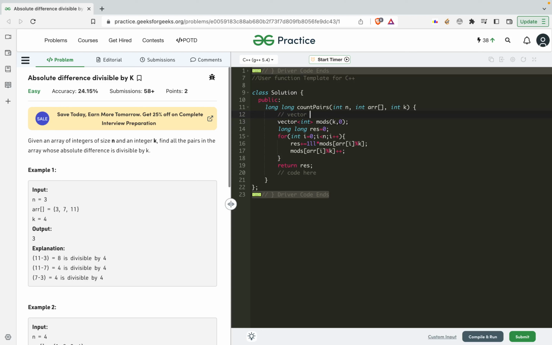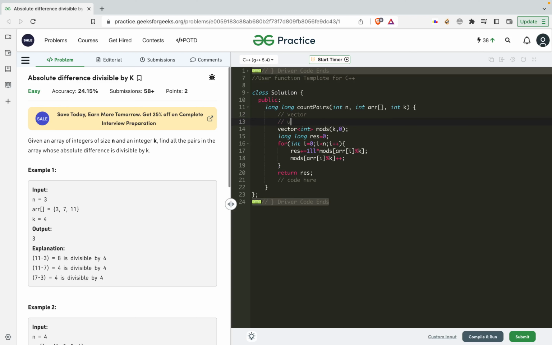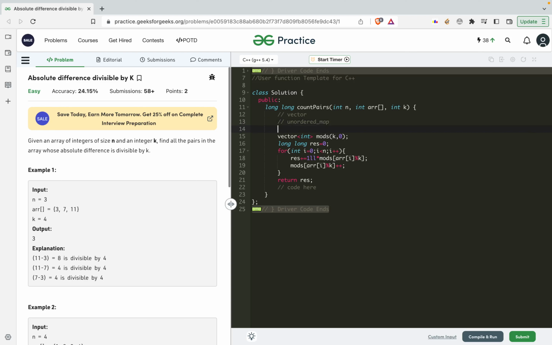vector. You can actually take an unordered map over here, but the reason I prefer vectors over unordered maps whenever it's possible is that the constant lookup factor matters. Although in both cases it would be constant: if you are looking something up in an unordered map or a hash map, it would take constant time, and if you are looking it up in an array or a vector, it would also take constant time, but the constant factor actually changes.